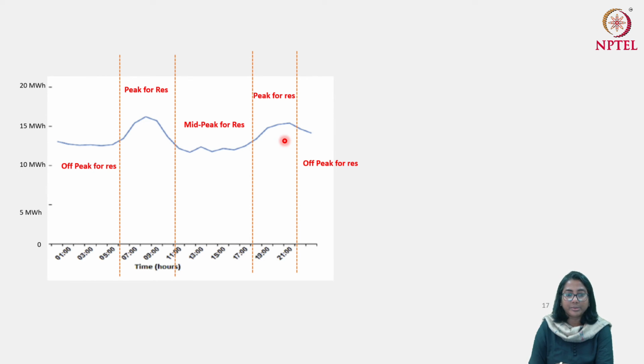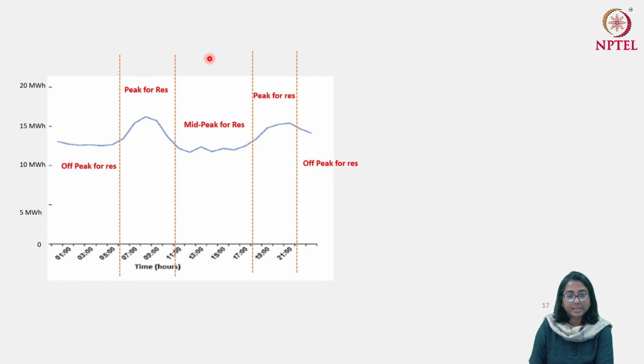This question is very, very important, because if the peak demand for the industrial consumer does not match with the peak period of the residential consumer, and you incentivize the residential consumers to shift load from peak to off-peak period of the residential sector, then it may actually add to the total load of the peak period of the aggregate demand curve, because the aggregate demand curve is a result of aggregation of the load curve for the residential sector as well as the non-residential sector.